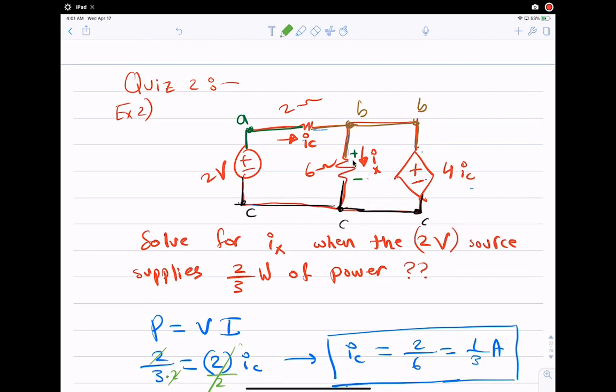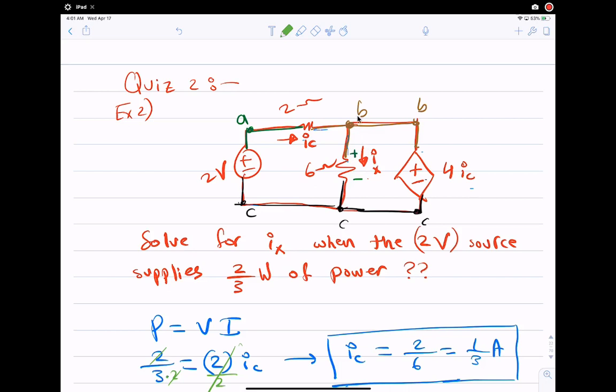Now, since you know the voltage and the resistor, you go ahead and find the current. Why did I put the positive and negative sign up and down? Since those are parallel, they share the same voltage and they share the same polarity. The positive toward node B, here the positive toward node B, negative toward C.